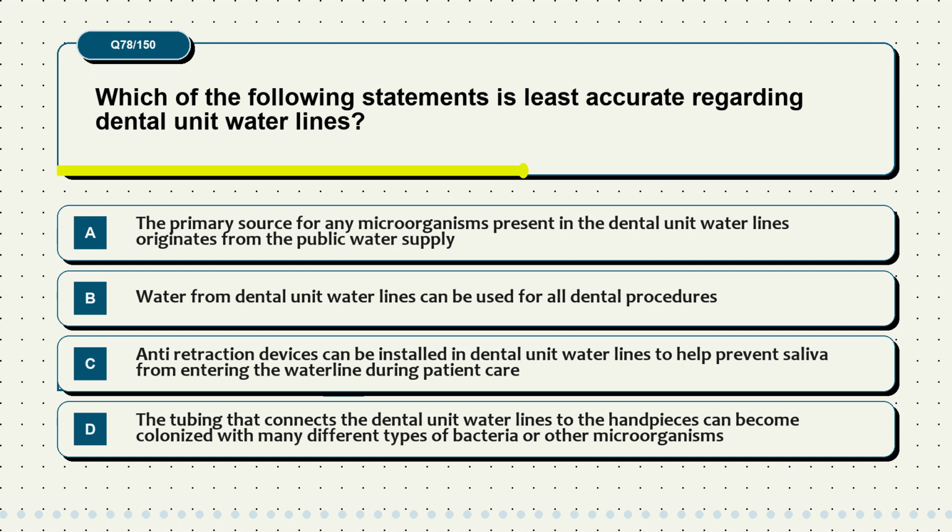Option C, anti-retraction devices can be installed in dental unit water lines to help prevent saliva from entering the water line during patient care. Option D, the tubing that connects the dental unit water lines to the handpieces can become colonized with many different types of bacteria or other microorganisms.